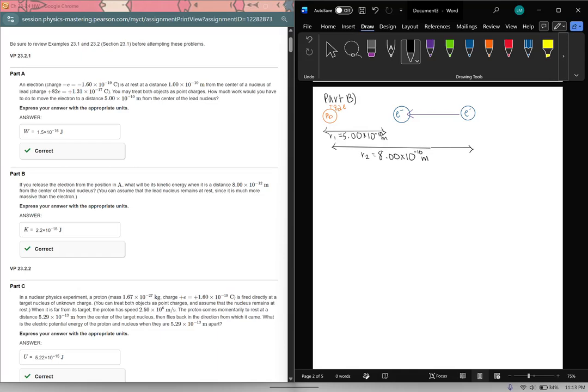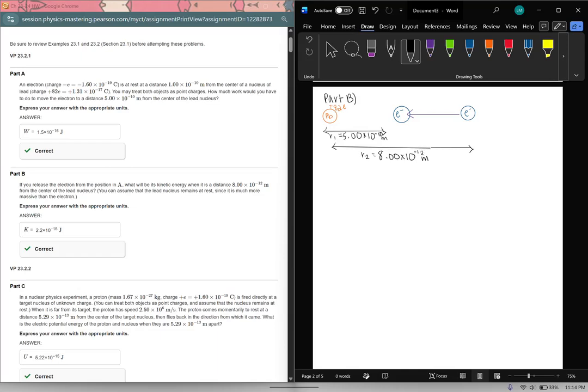So I'm believing that's what it says. And since I drew the electron closer to the nucleus and labeled the final distance, R final, which is R2, to 8.00 times 10 to the power of negative 12 actually. I made another mistake.